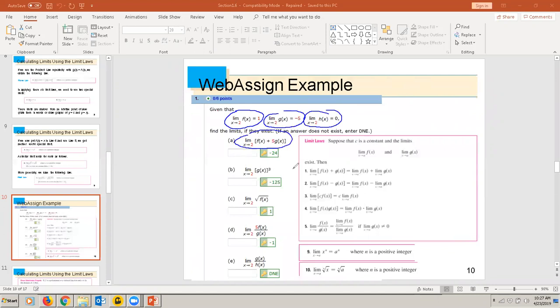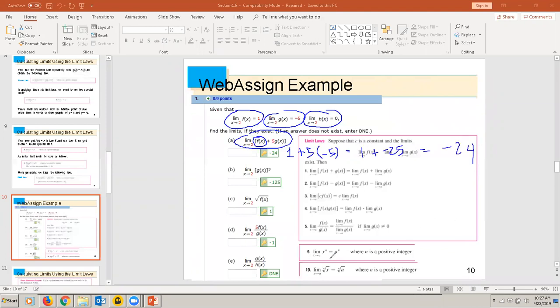Well, I'm going to break this up and find the limit as x approaches 2 of f of x to begin with. But I'm told that's equal to 1. And then I'm going to take 5 times the limit of g of x, but the limit for g of x is negative 5. So this works out to be 1 plus negative 25, and you can see the answer here is going to be negative 24.